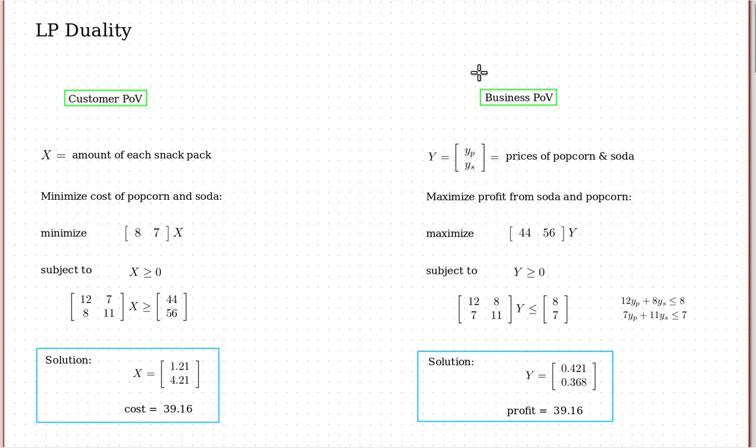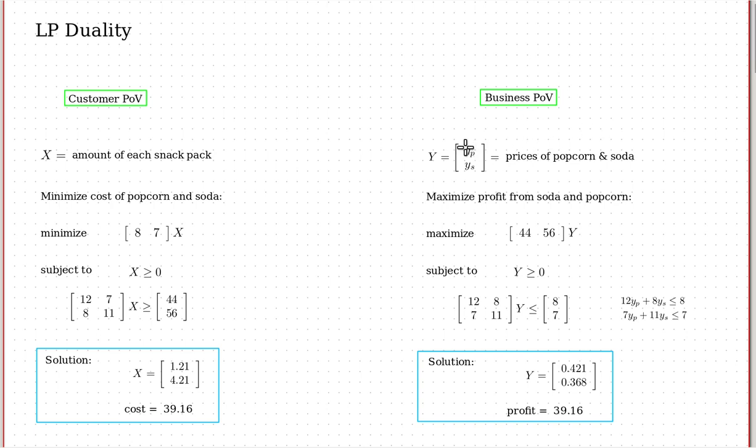Okay, now you can also look at the same situation with the two snack packs and the popcorn and soda, but you can look at it from the point of view of a business that's trying to sell popcorn and soda. And we can ask the question, gee, what prices could this business sell popcorn and soda at, right?